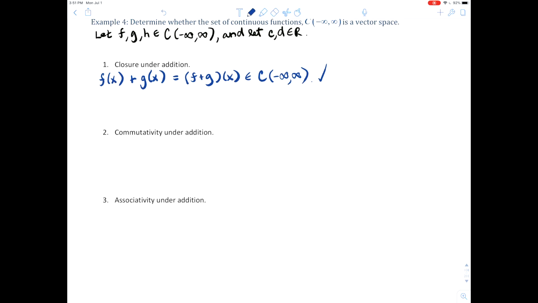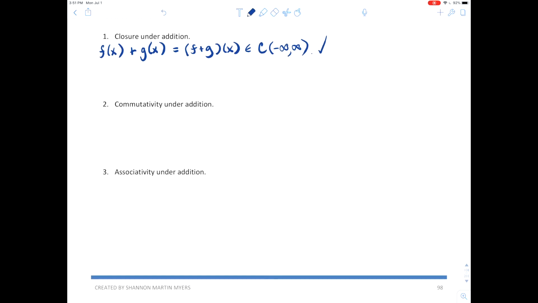Okay, commutativity under addition. So if I take f plus g at x, again, we're using a lot of the properties for functions. So this is equivalent to f at x plus g at x, right?